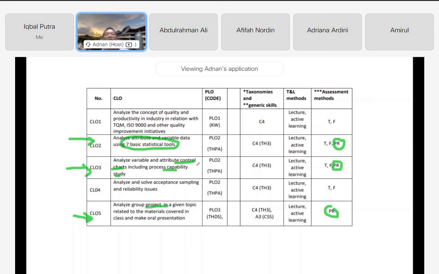So we are looking at this aspect of application of what you have learned. You don't have to do all the tools that you have learned, but select the tools. That is general; we have this in our course outline, the things that we need to address.